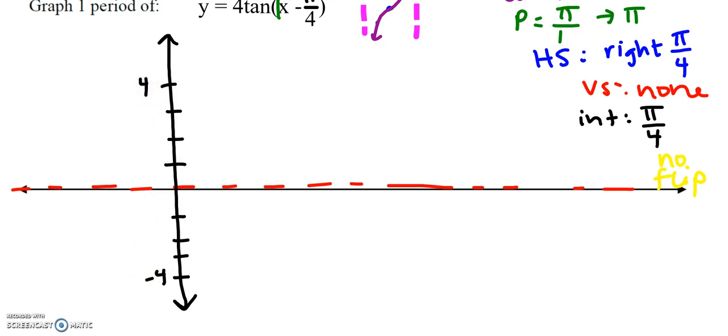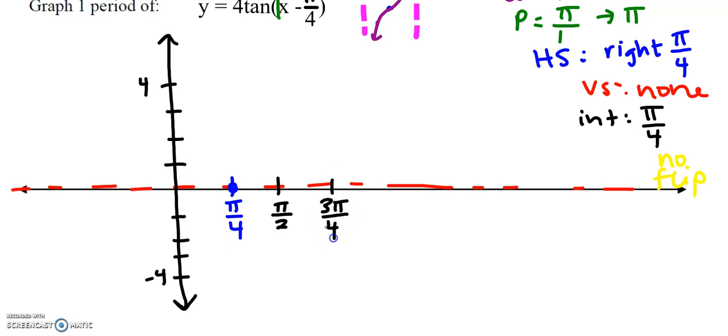My horizontal shift then is to the right pi over 4. So I'm going to decide this looks like pi over 4 to me. And remember that horizontal shift was where that origin point has moved to. Okay, so then from there I need to count out my intervals. Well, this is 1 pi over 4, so this would be 2 pi over 4. This would be 3 pi over 4.